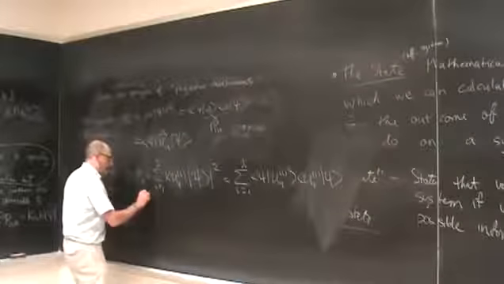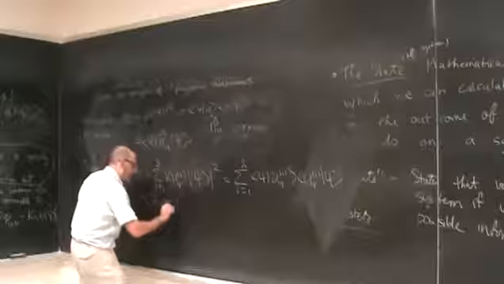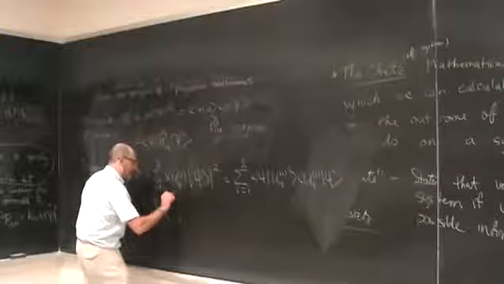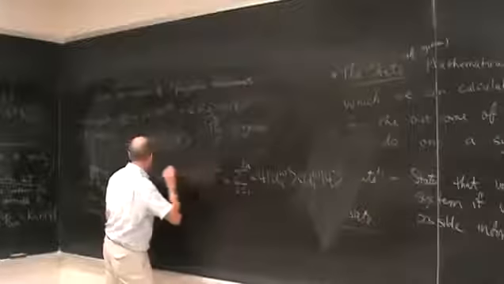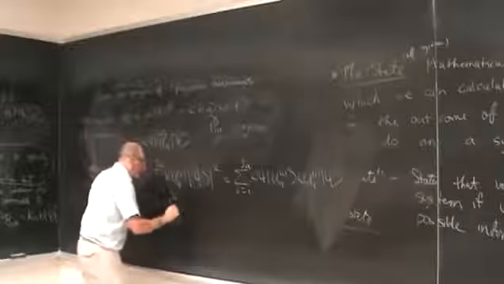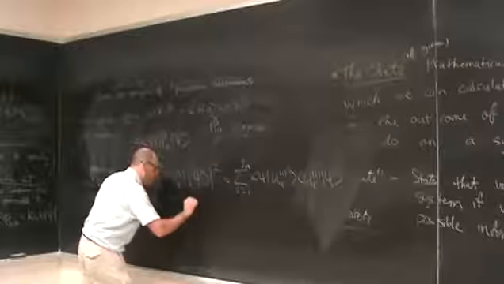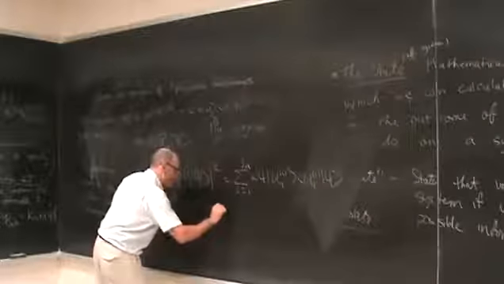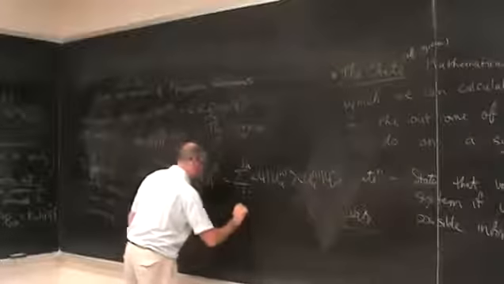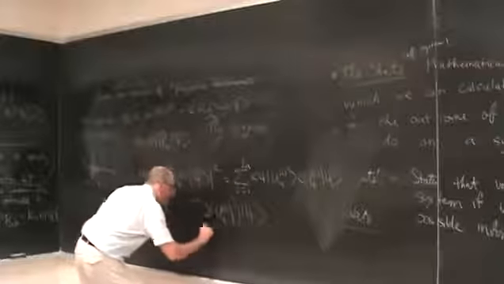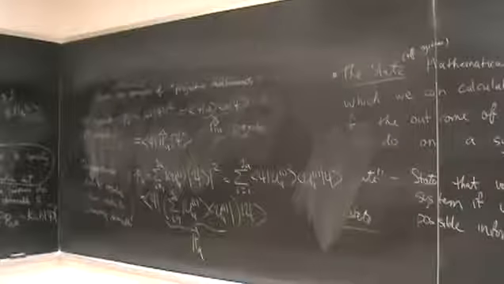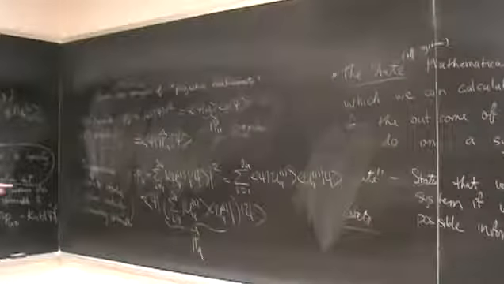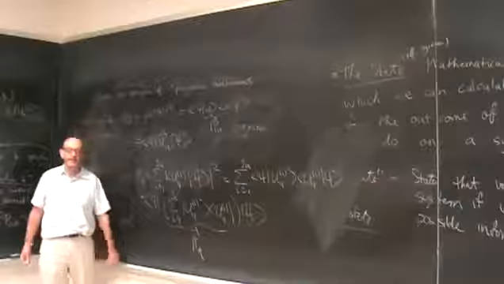And then, because the inner product is linear, I can take this outside the sum. And this again is a projector, but not onto a 1D space, rather a projector onto the space of dimension g associated with that degeneracy.